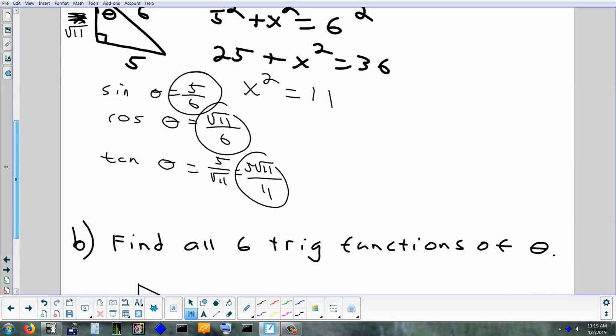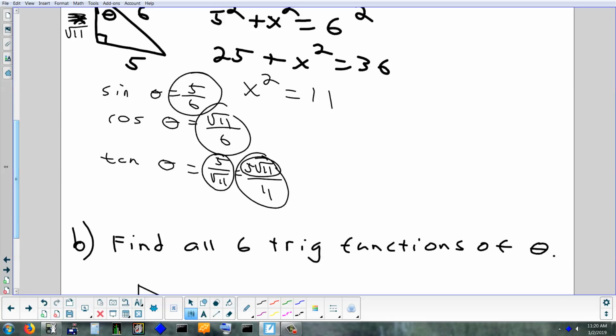I think, and I could be totally wrong, but before we had nice little devices we could plug numbers in and hit enter and it gave us answers. This is kind of a hard thing to do by hand, like dividing by an irrational number, but multiplication by an irrational number is easier to do. So if you had to do this by hand, multiplication by an irrational number is easier than division by an irrational number.